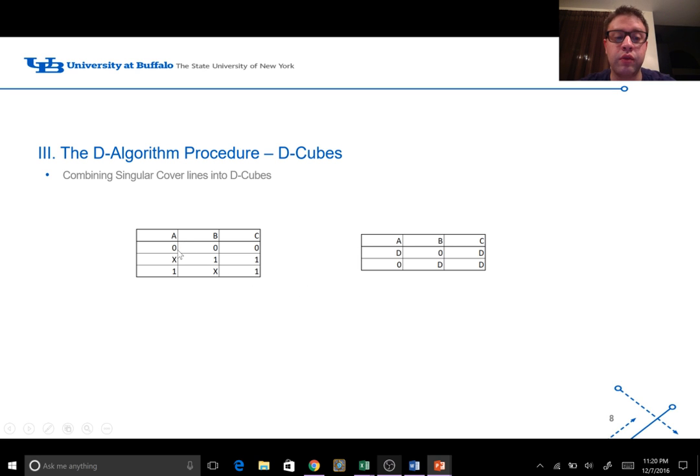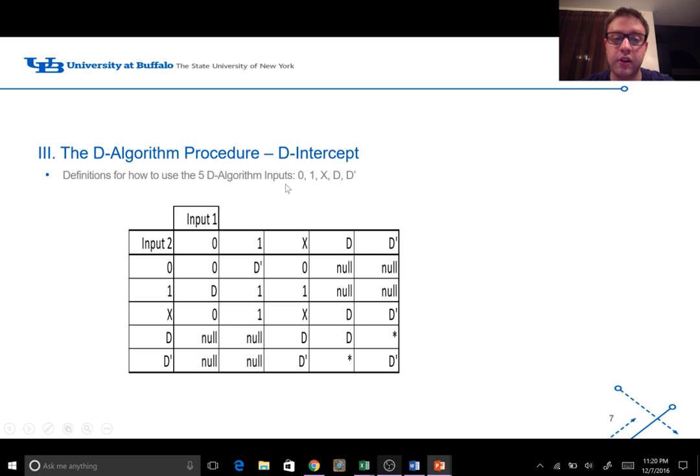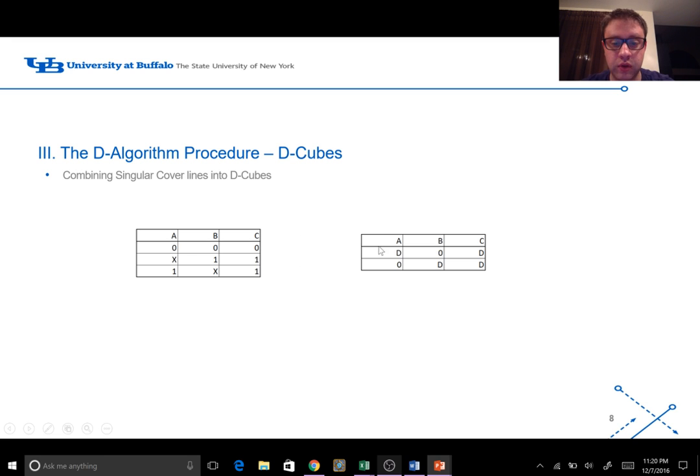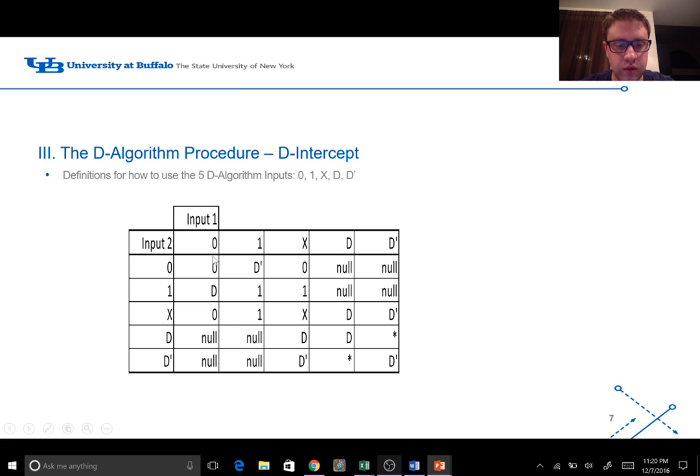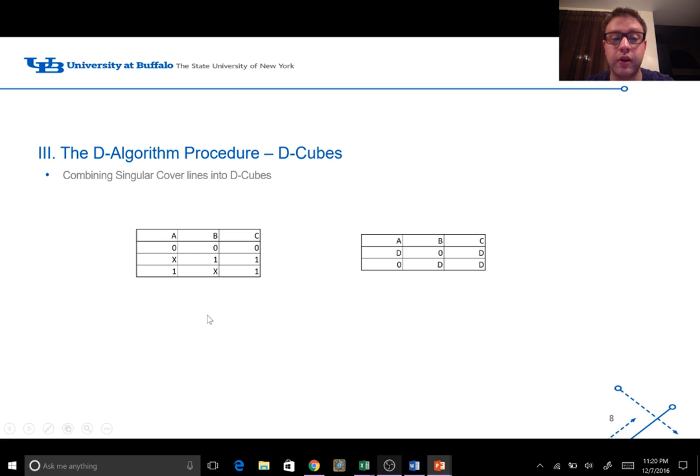So for A, if we have an input of 0 and 1, I'm going to combine those using my D intercept page, 0 and 1, that's an output of D, which is given here. For B, 0 and X provides 0. It's given here. Likewise, if we were to do the same thing for C, we get a D cube of D, 0, D. The other option is 0, D, D.